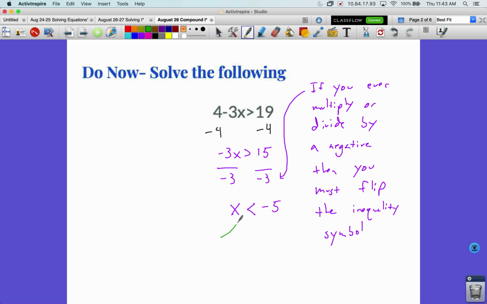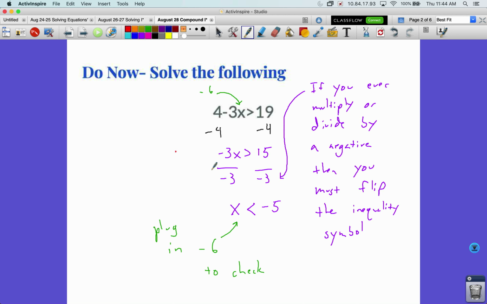We need to pick a number like negative 6. So we're going to plug in negative 6 to check, because negative 6 clearly satisfies this inequality here. Negative 6 is less than negative 5. All right, so it should work here. We should be able to plug in a negative 6 and get a true inequality.